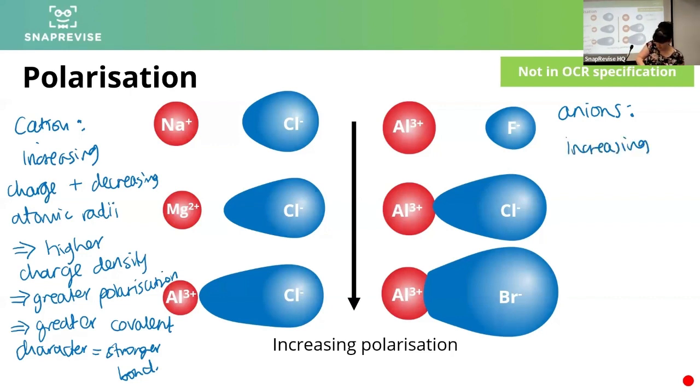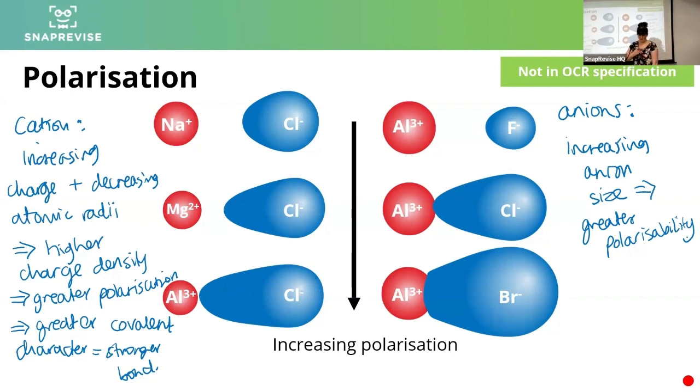Increasing anion size gives us greater polarizability, as in, it's easier to polarize them. So the lower the charge density of the anion, the better they are at being polarized. So increasing polarization means we have greater covalent character, which means the bond is going to be stronger.